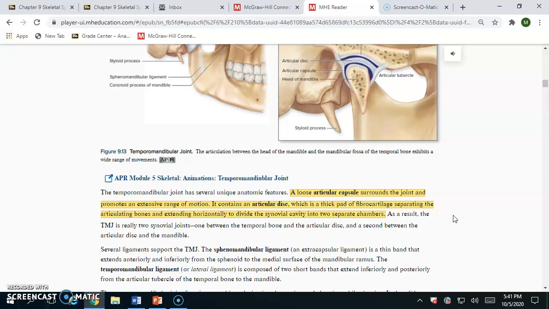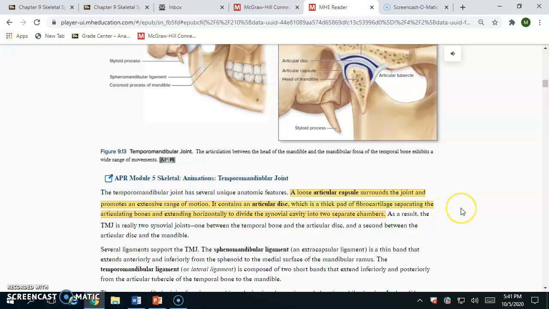That usually happens when we're talking or when we're eating something. But we can also protract and retract the mandible, which is where the mandible moves forward and moves backwards. And then we have the side-to-side movements too. We're also able to move the mandible side to side.